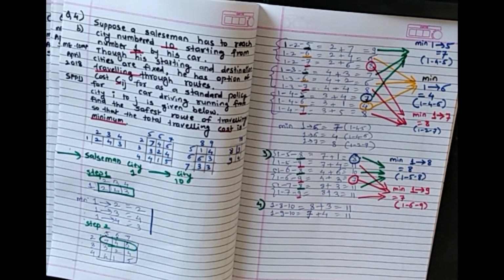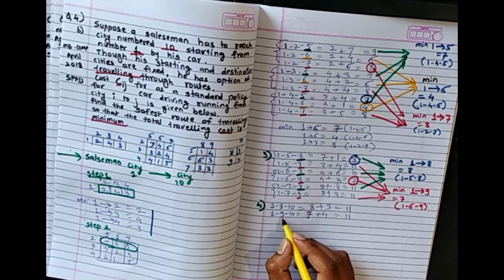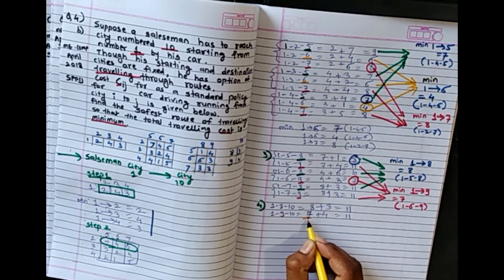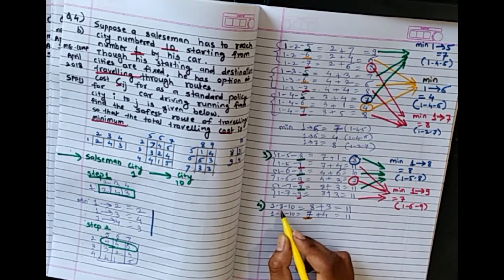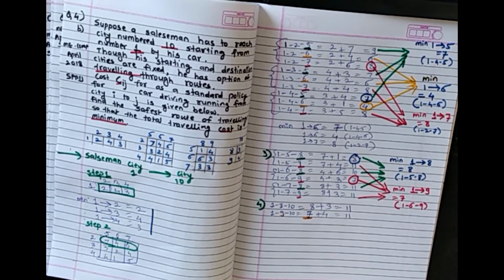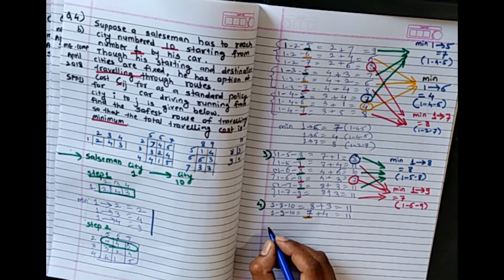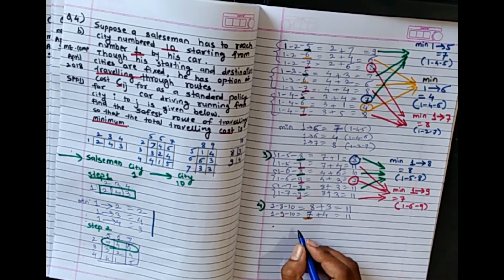Now we can check the city which has the minimum value. The city with the minimum cost of traveling was city 9. For city 9 the cost was 7, and for city 8 the cost was 8. So for finding the solution, we will consider city 9.